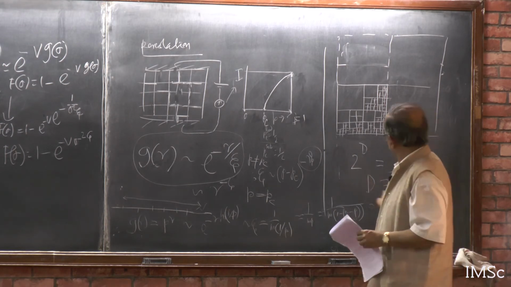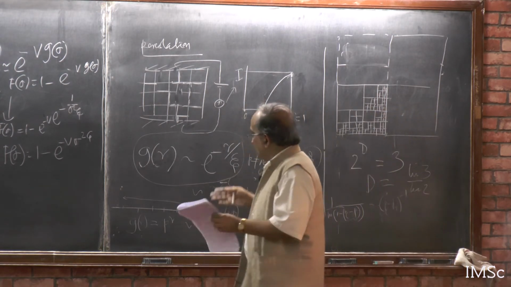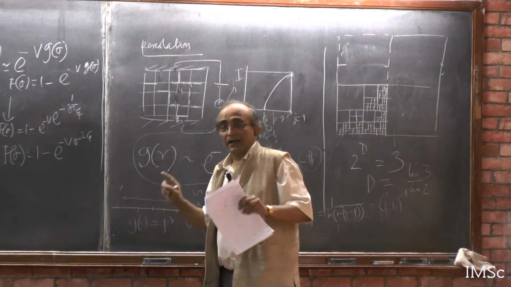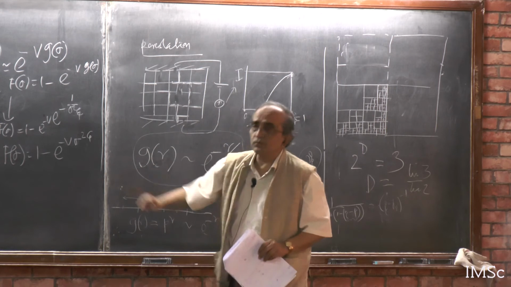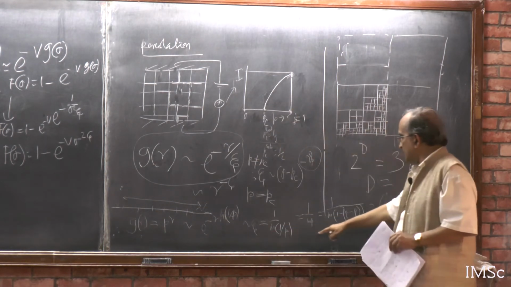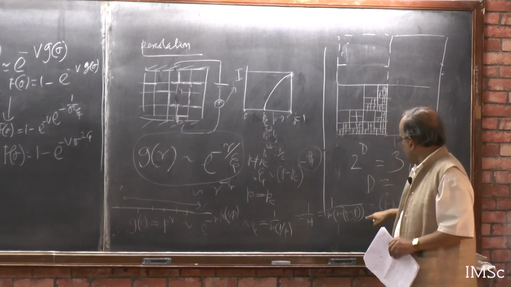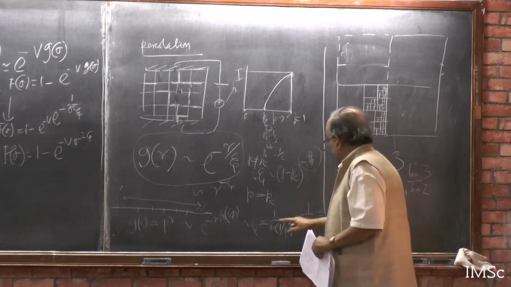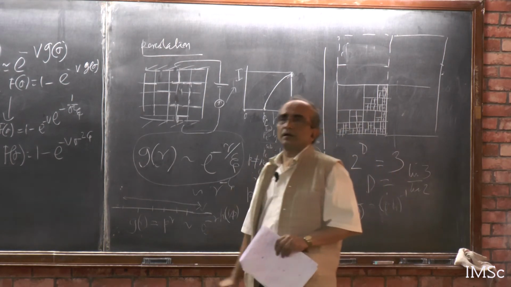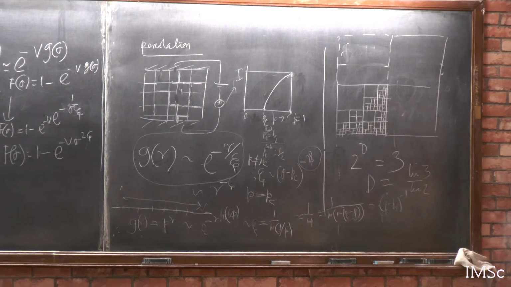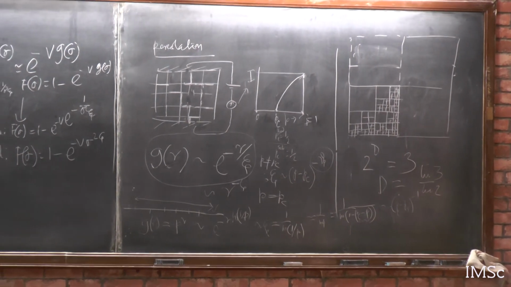So nu p is just 1. Now you are trying to find out GR, and in the case that we were considering in the Lipschitz argument, we are exactly doing it this way, and I am getting the correlation length as (PC minus p) to the power minus 1.